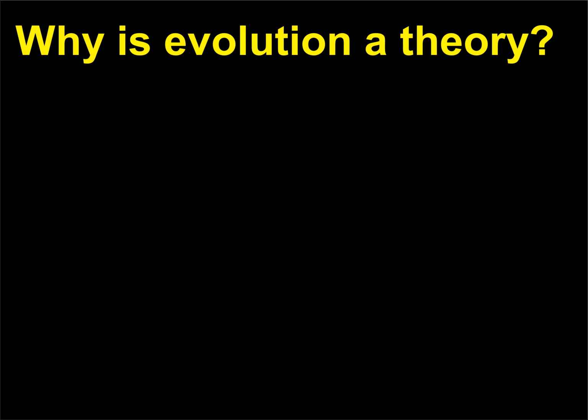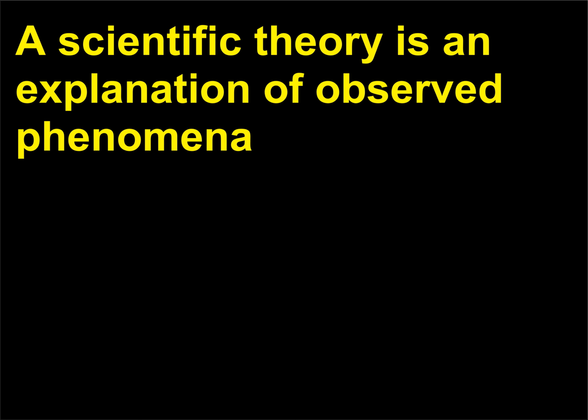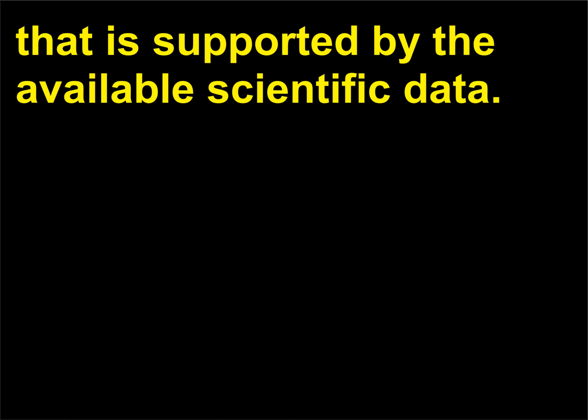Why is evolution a theory? A scientific theory is an explanation of observed phenomena that is supported by the available scientific data.